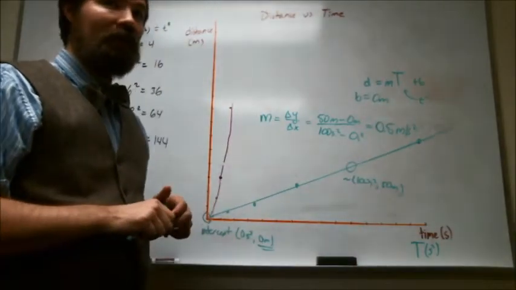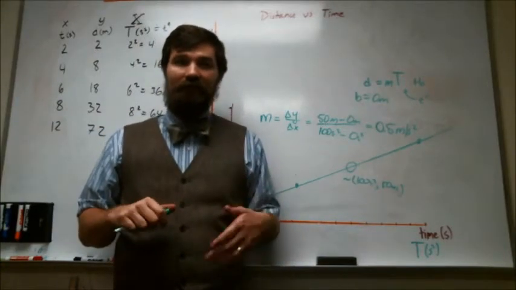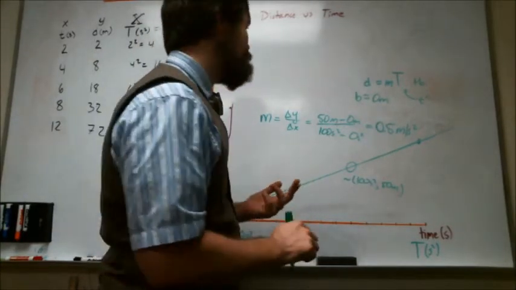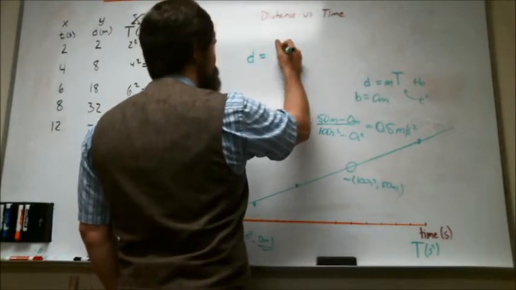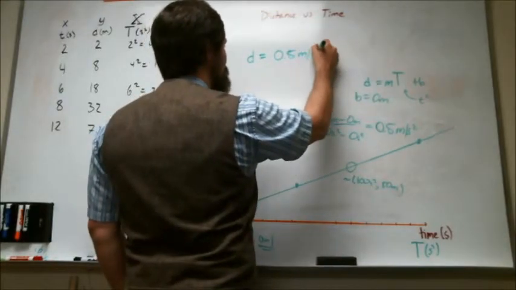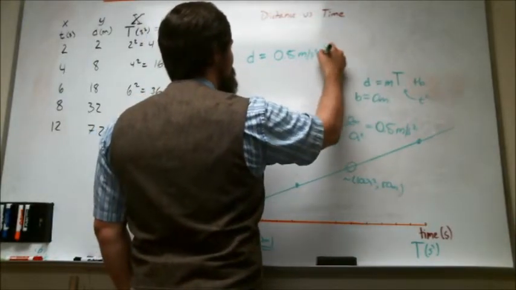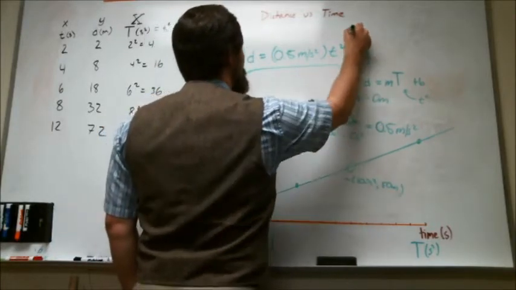So we can rewrite this equation in its final form now that we've solved for all of these slopes, intercepts, etc., to say that d is equal to 0.5 meters per second squared times little t squared.